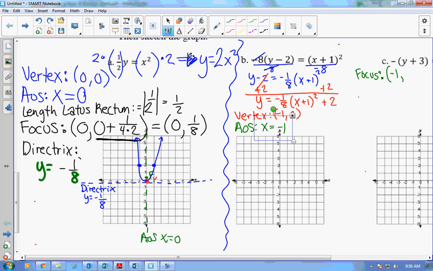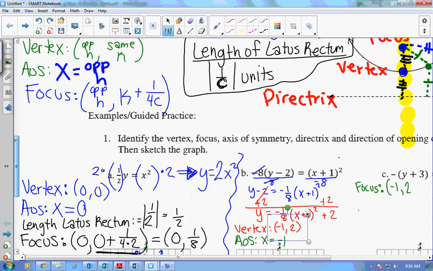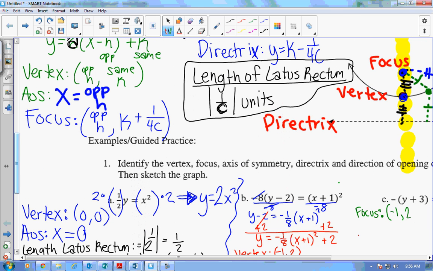We start with the y value of the vertex, which was a 2, but then the focus is either added or subtracted. It's either above or below the vertex. We have to adjust it a little bit. And the focus, we'll have it up here, is k plus 1 over 4c.